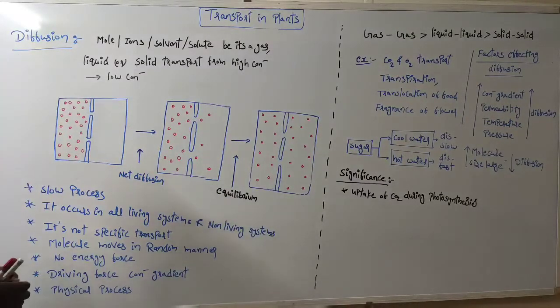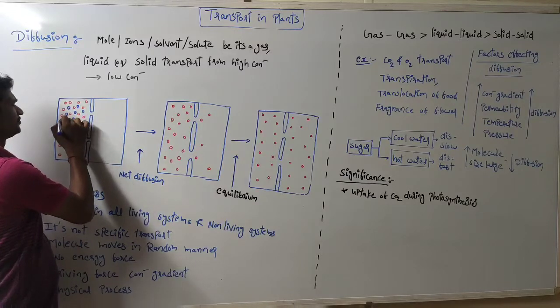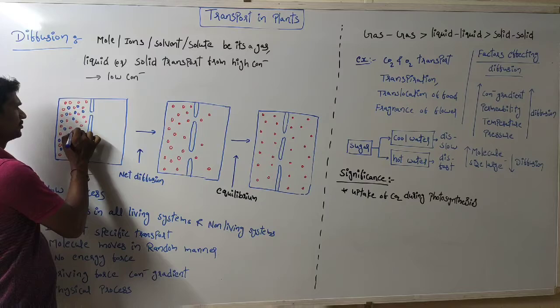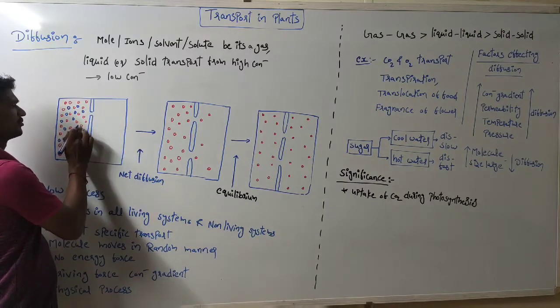In certain cases, if we draw two types of molecules, here these are also transported from this side to this side, and equilibrium is maintained.